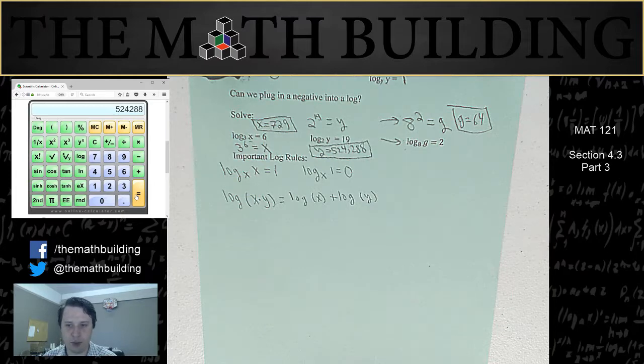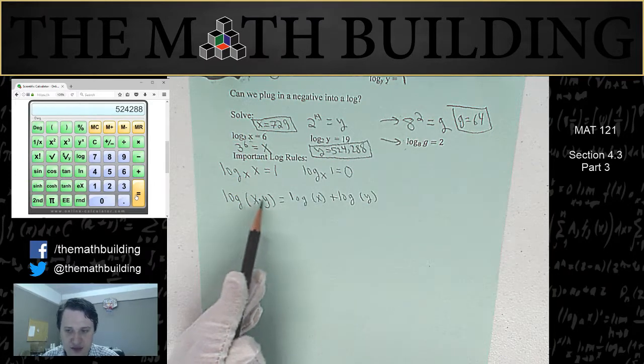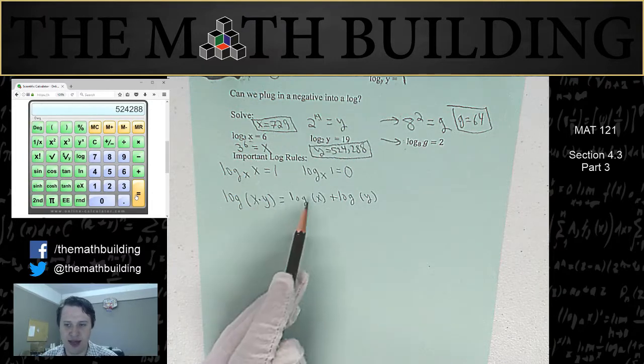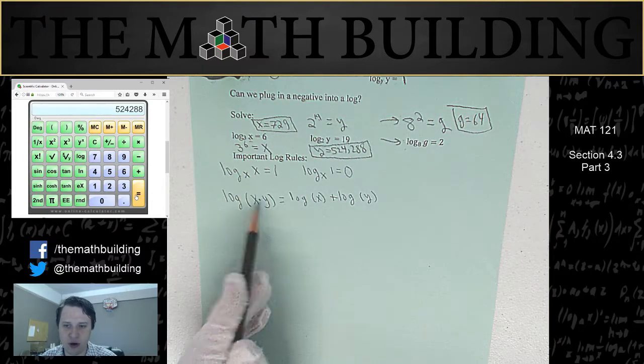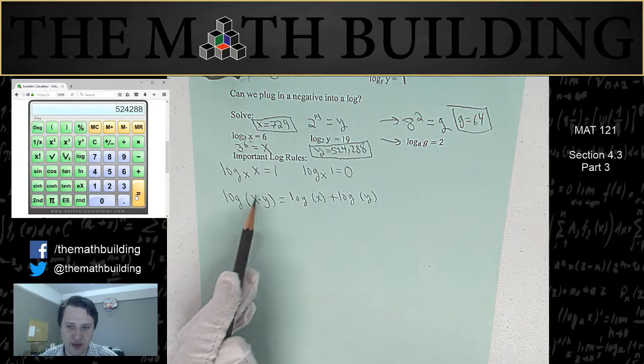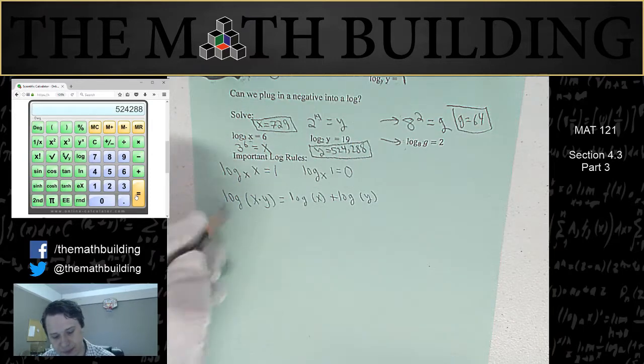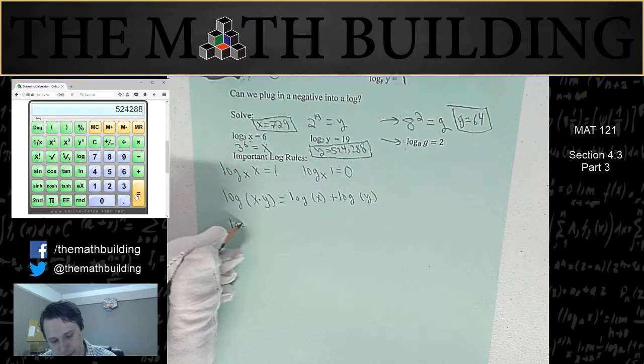This is a really important rule that you should memorize. Notice that the x times the y is inside of the log, and that's why we can break it up. This doesn't work if x is multiplying out in front. This only works if x times y is inside the log, and then it breaks up to log of x plus log of y.